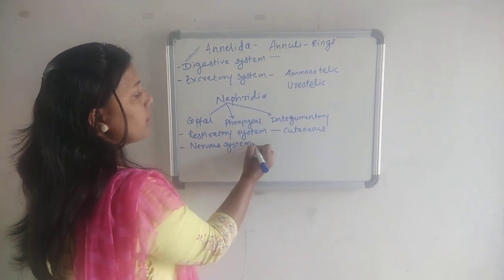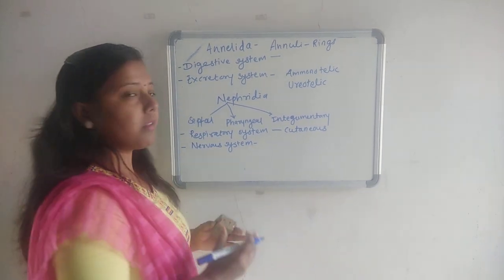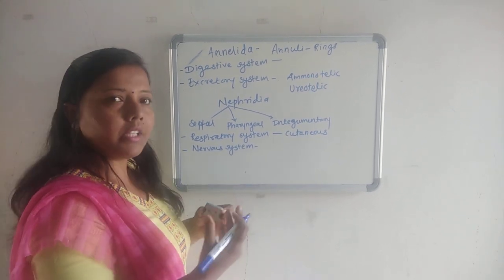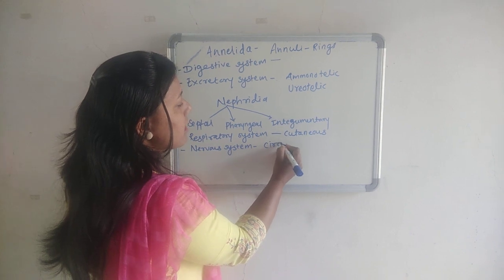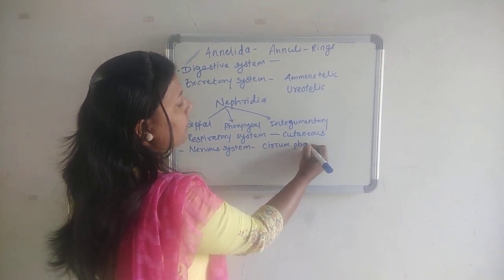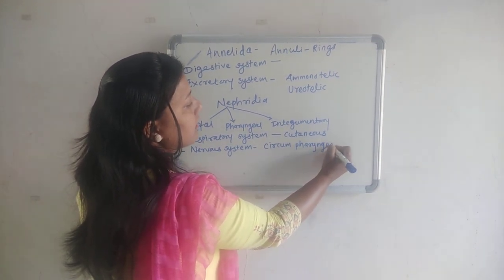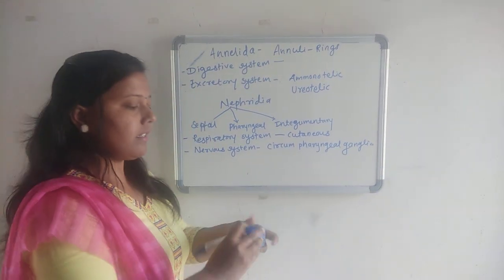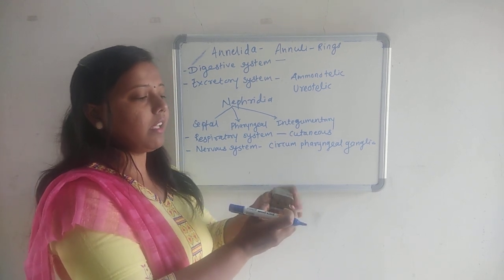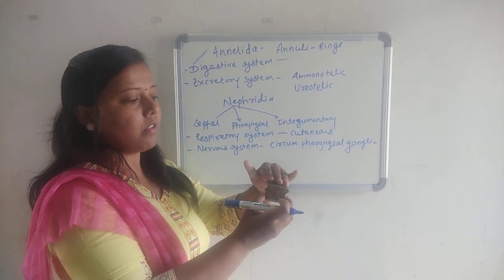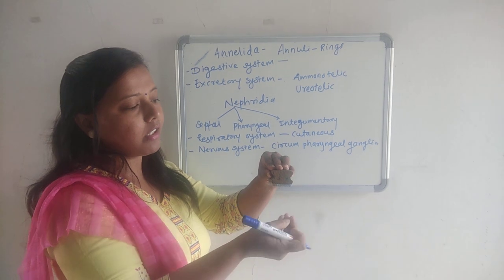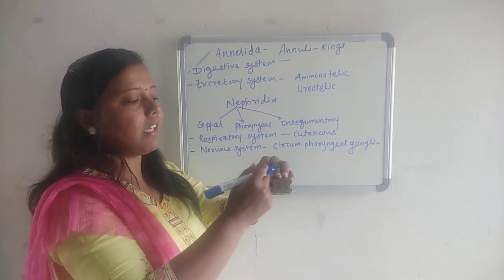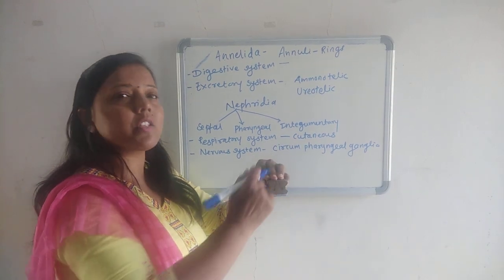Next is their nervous system. See, the nervous system is very specific. It is made up of a nerve ring and a nerve cord. This nerve ring is called the circumpharyngeal ganglia. In the pharyngeal region, one ganglion is present on the dorsal side and one on the ventral side, and both ganglia are connected by a ring-like structure.